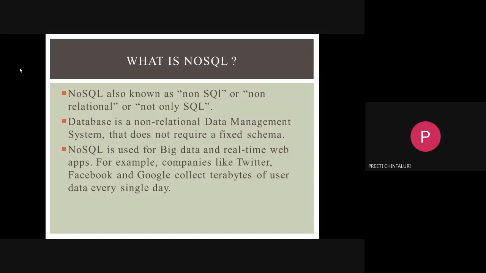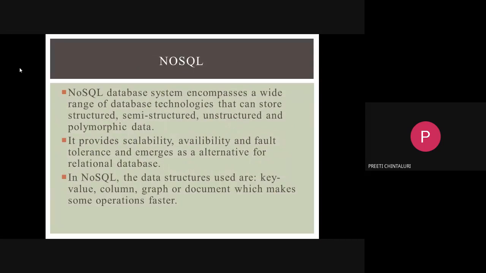NoSQL is used for big data and real-time web apps, for example companies like Twitter, Facebook, and Google, as they collect terabytes of user data every single day. NoSQL database systems encompass a wide range of database technologies that can store structured, semi-structured, unstructured, and polymorphic data. It provides scalability, availability, and fault tolerance, and that's why it is an alternative to relational databases.